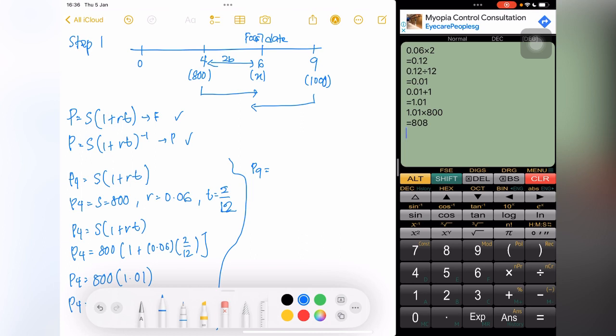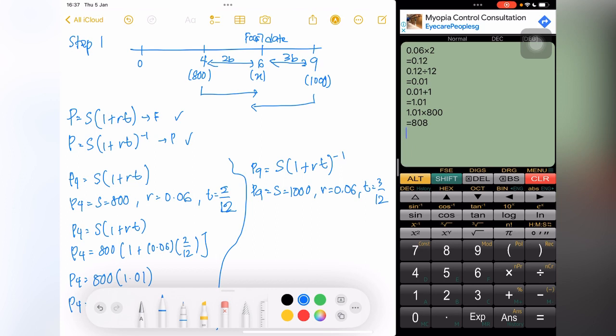So kalau ke belakang kita kena guna present. So formula dia adalah S(1 tambah RT), jangan lupa kuasa negatif 1. So dalam P9 S kita adalah 1000, R kita adalah 0.06 dan T kita adalah 3/12. Kenapa 3/12? Sebab jarak 9 nak ke 6 ni adalah 3 bulan.